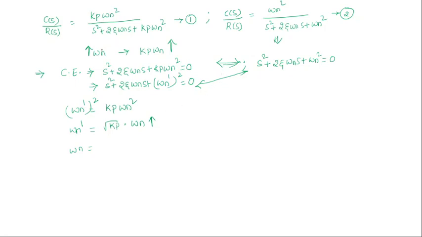Whenever we are adding the proportional controller, the omega n dash value is increased, so the omega n value is increased.